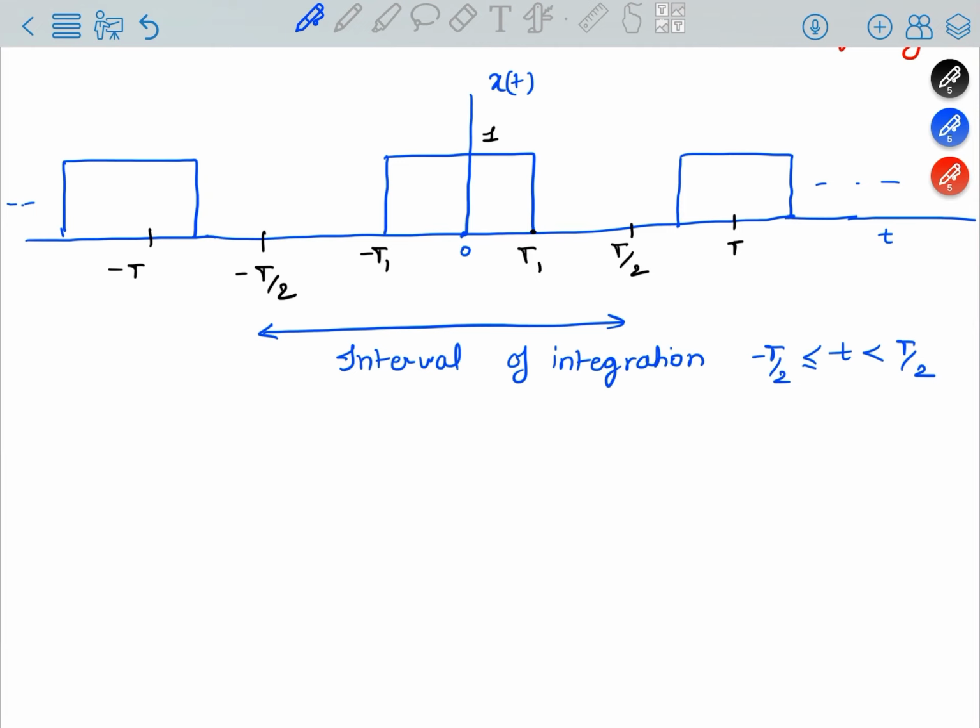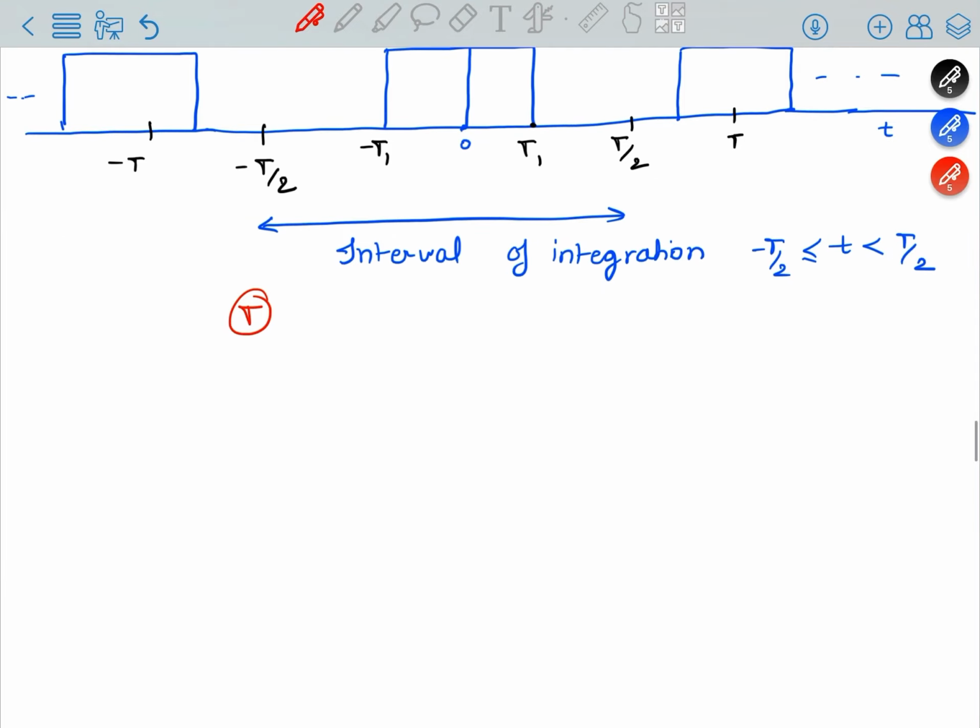But we can choose any such interval. The only condition is that we have to choose an interval of length capital T. So you can do it for 0 to T also, or any such interval whichever you want to take.